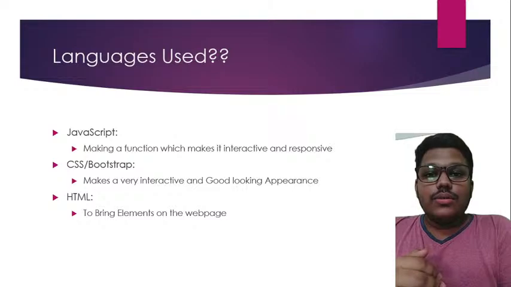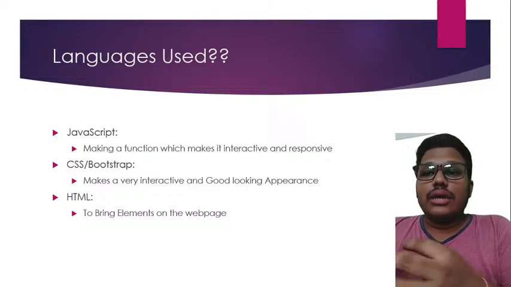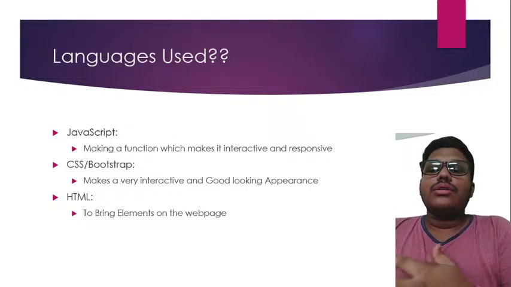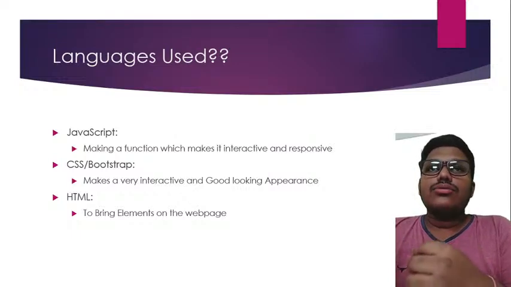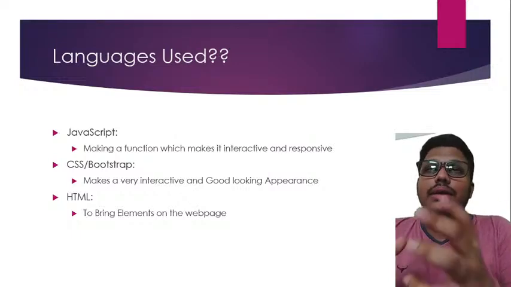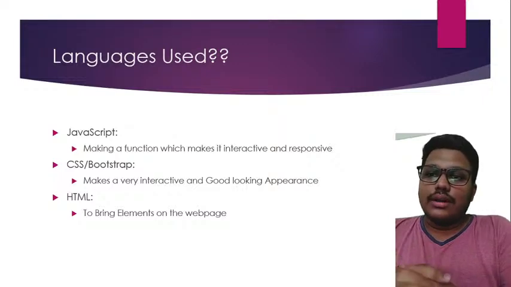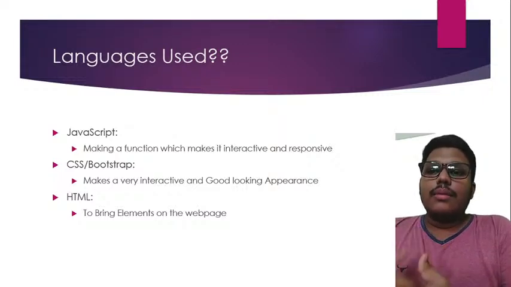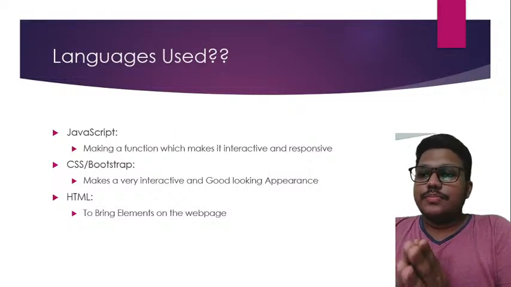Then we use CSS and Bootstrap type languages, which make it more responsive. We can color those things, we can give the shapes, the appearance work is given using that. You can make your site much more appealing compared to the normal HTML pages.